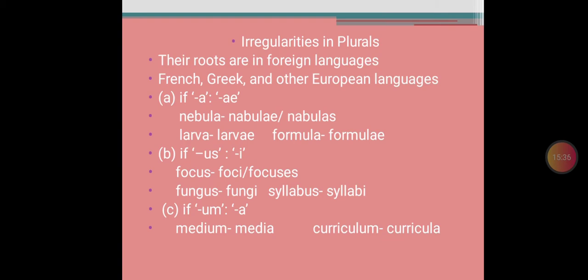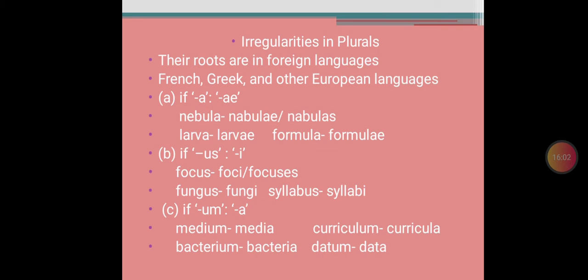Curriculum, singular. Curricula, that is plural form. Bacterium, hardly people know that bacterium is singular, because we find it mostly in plural forms. We have always heard the word bacteria, that is plural form.